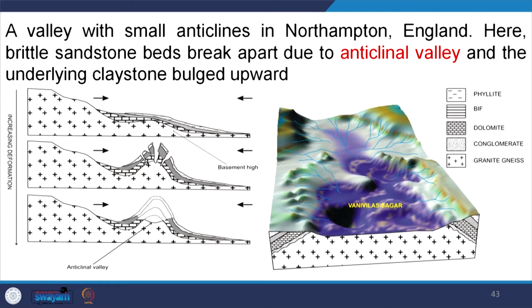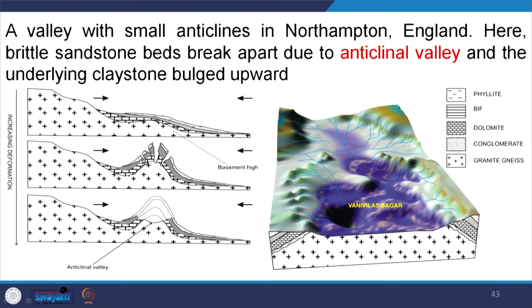Now, you see here, this granitic basement is capped by limestone, sandstone, claystone like this. Now, the whole system is folded. Due to the folding of the whole system, a geographically positive area occurs here and a geographically negative area occurs here. Once the system is folded, due to this stretching some cracks develop. Due to these cracks, the rocks undergo physical or mechanical weathering, and material is removed from these antiforms.